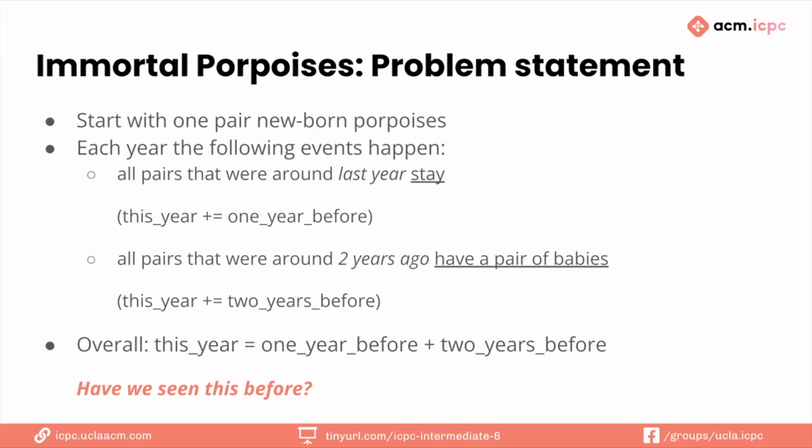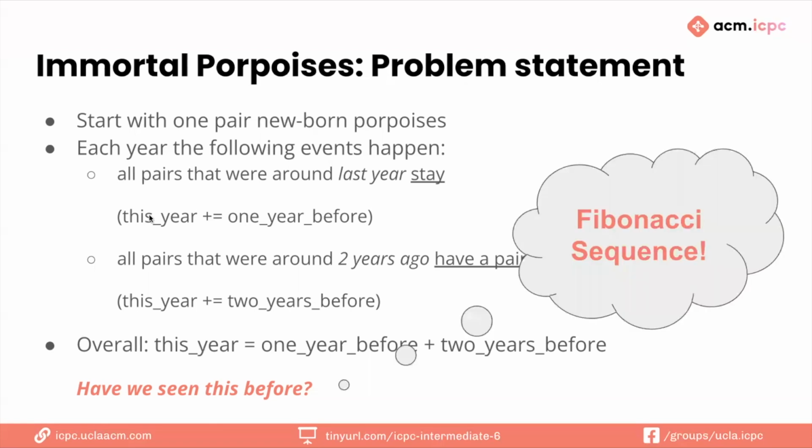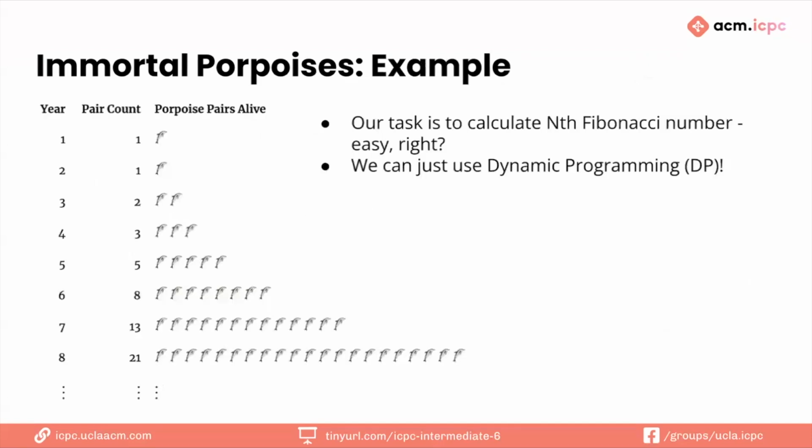Anyone? Fibonacci. Right. It's essentially a Fibonacci sequence, because in the Fibonacci sequence, you start with 0, 1, and then every next number is the sum of two previous numbers. So in a nutshell, our task is to calculate the nth Fibonacci number.